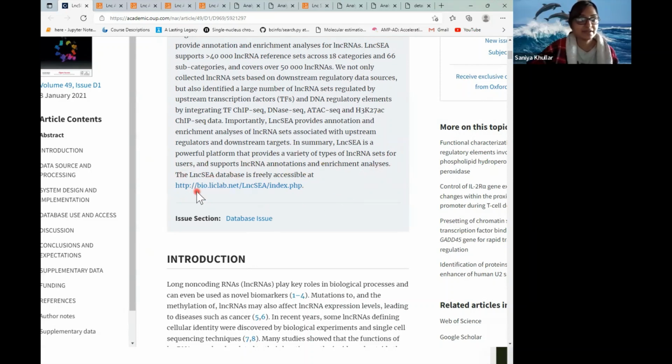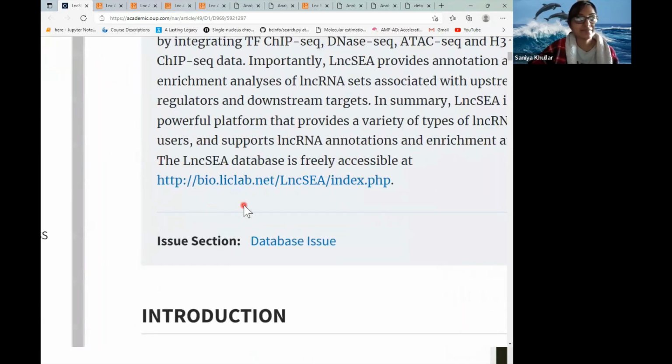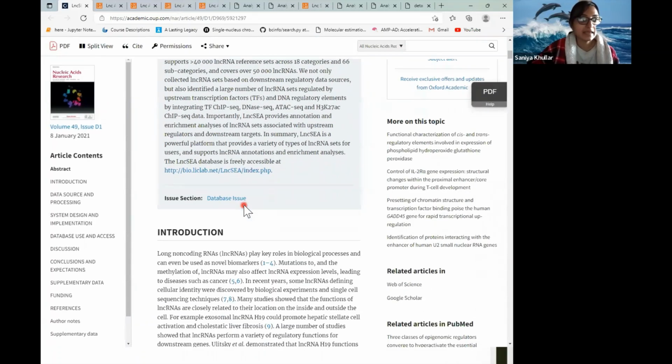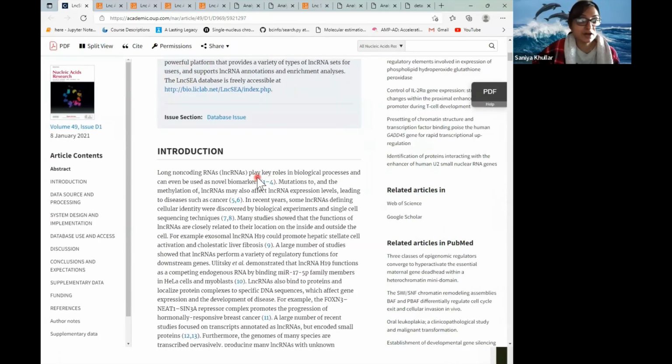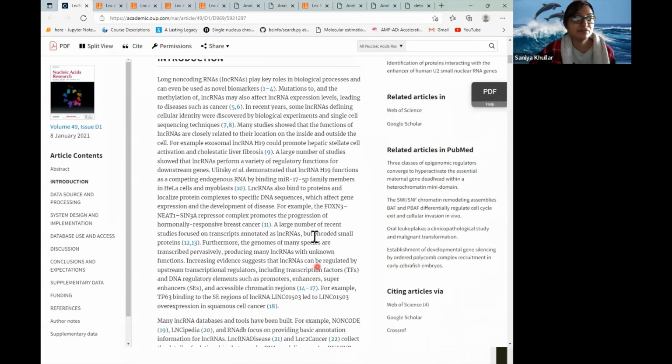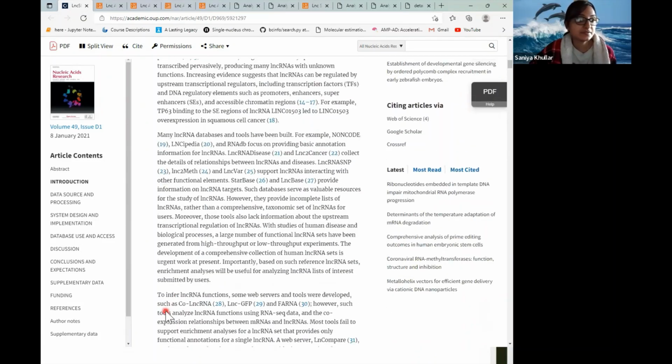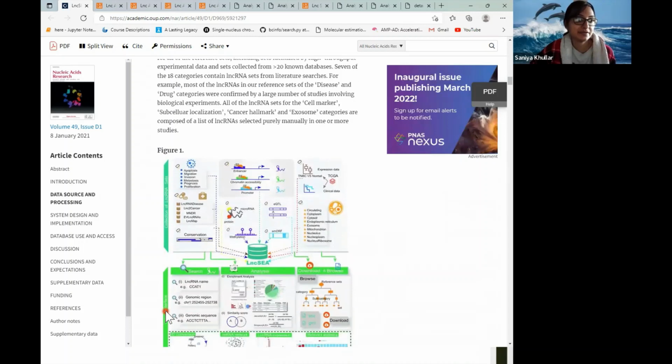And again, this is how we can access this free database here. They can be used as novel biomarkers. Single cell and other techniques have helped us identify the roles of long non-coding RNAs and what they could be doing, how they can be involved in various cancers as well. There's so much that this paper talks about here.